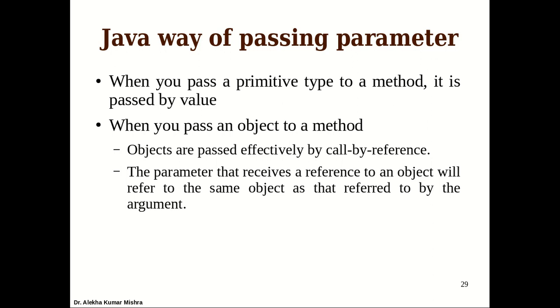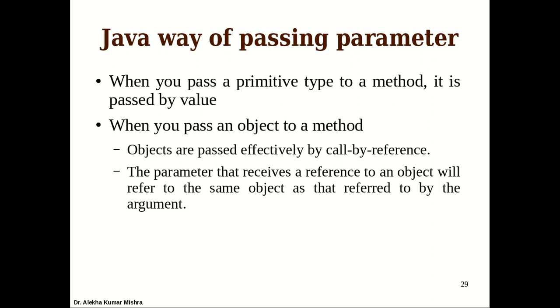But when we pass an object, no matter which type of object, it is passed effectively by call by reference. Let me explain why. The parameter that receives a reference to an object will be a reference, because an object is always created in memory by using the new operator.